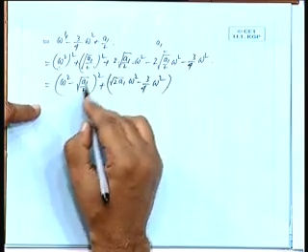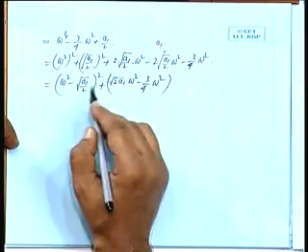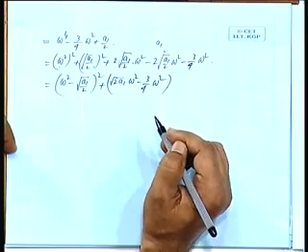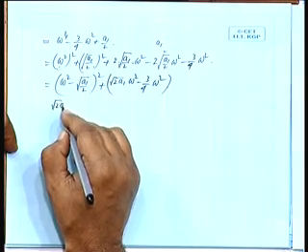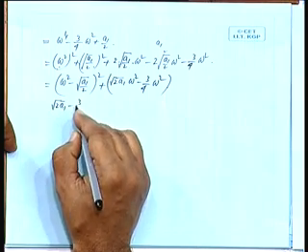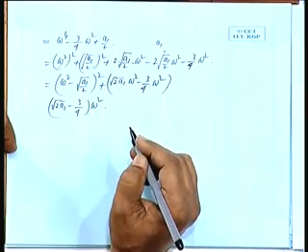This is always positive, whatever be the value of omega. This can be root 2 a1 minus 3 by 4 into omega squared.